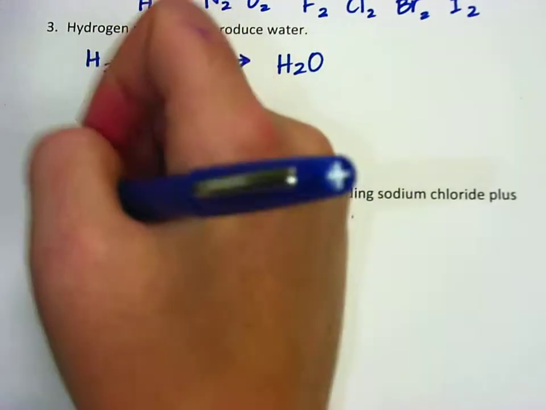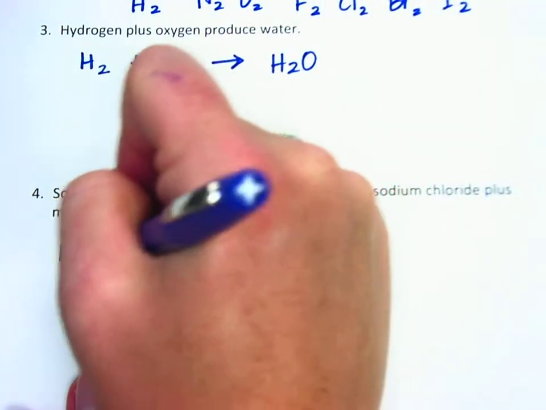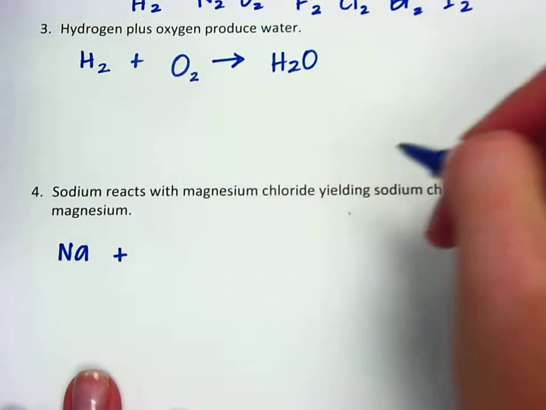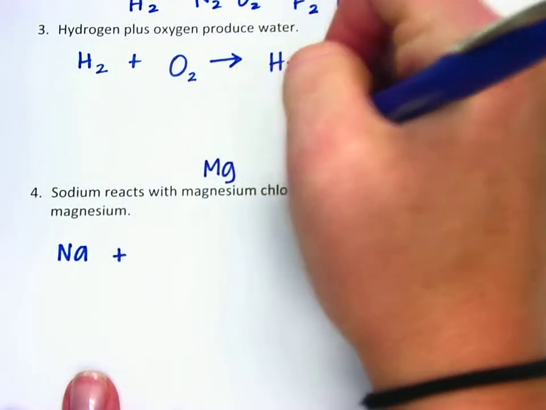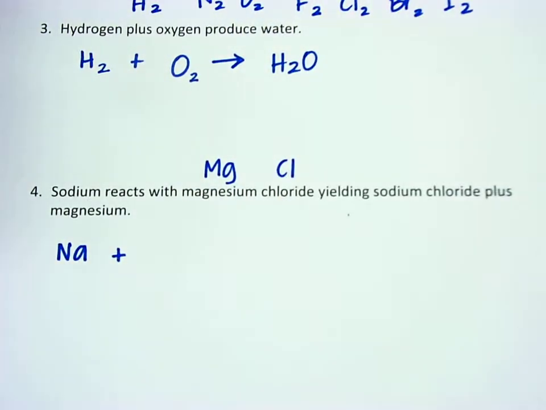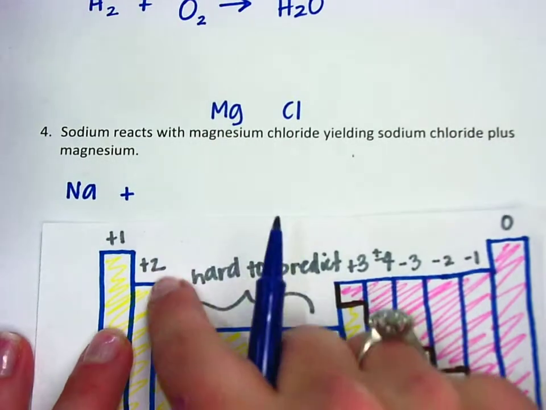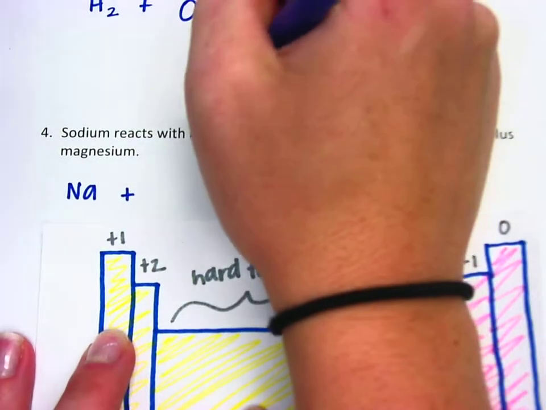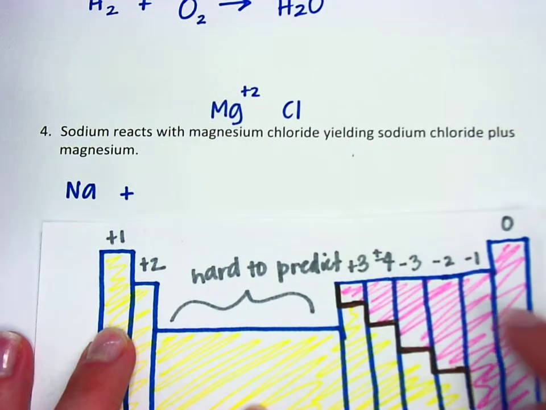We'll do one more example. And in this one we have sodium, and sodium is going to react with magnesium chloride. So we're going to need to figure out what that is. Magnesium and chlorine are going to be our 2 elements. Magnesium is in group 2, so it will get a +2 charge. And these are the oxidation numbers that you should have memorized.